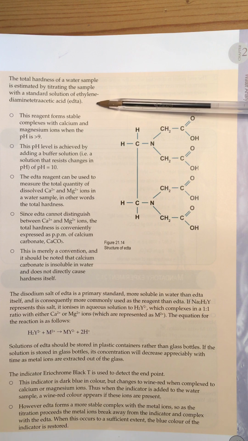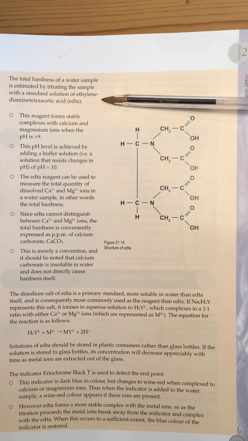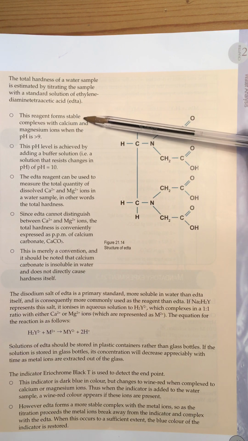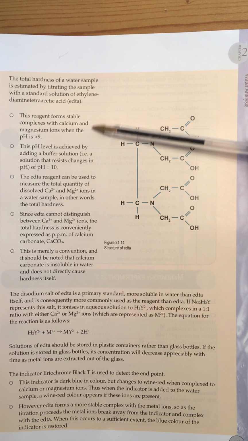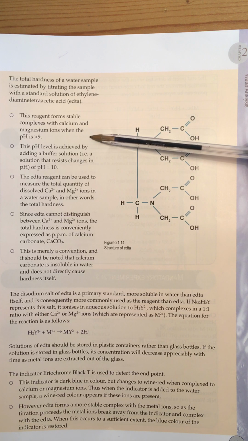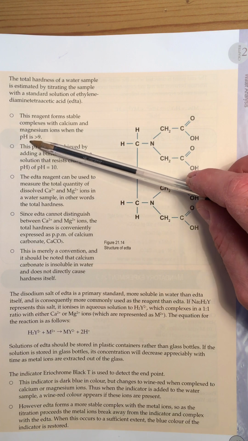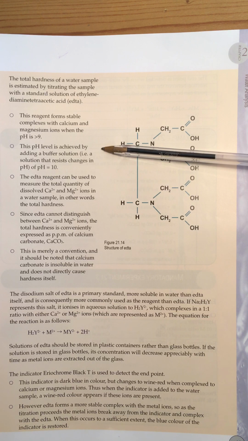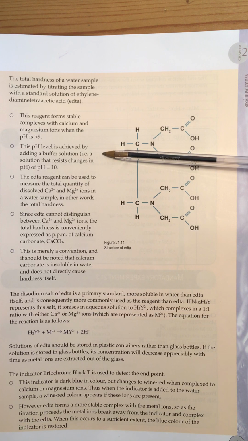So as we mentioned, the reagent used is EDTA. This reagent forms stable complexes with calcium and magnesium ions. Basically, this reagent reacts with calcium and magnesium ions when the pH is above 9. The pH level is achieved by adding a buffer solution.